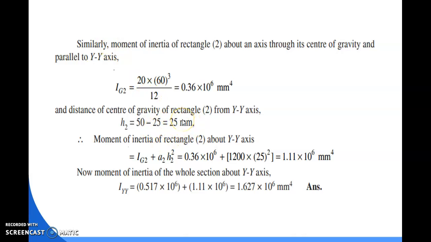According to the theorem of parallel axis, the moment of inertia for section 2 is equal to Ig2 plus A2 h2 square. So by putting all these values, we have 1.11 into 10 to the power 6 mm to the power 4.